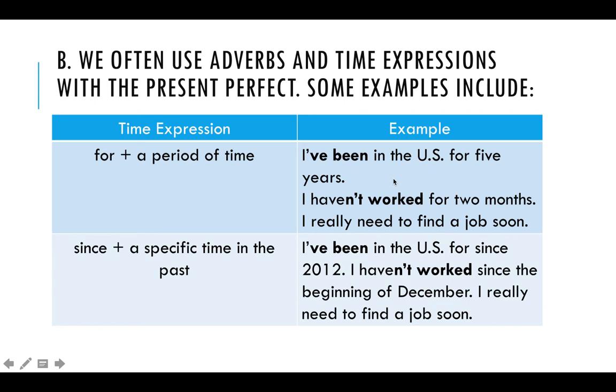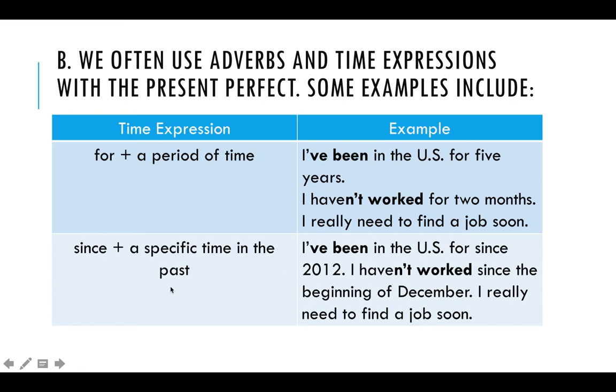So I say, I've been in the U.S. for 5 years. That means I came to the U.S. 5 years ago. I'm still here now. I haven't worked for 2 months. I really need to find a job soon. It means I lost my job 2 months ago, so I have been unemployed for 2 months.